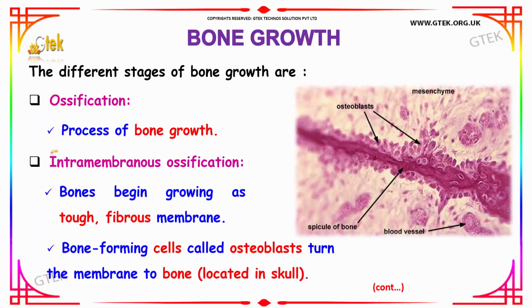The next stage is intramembranous ossification. In intramembranous ossification, the bones begin growing as tough and fibrous membrane from the cartilage.